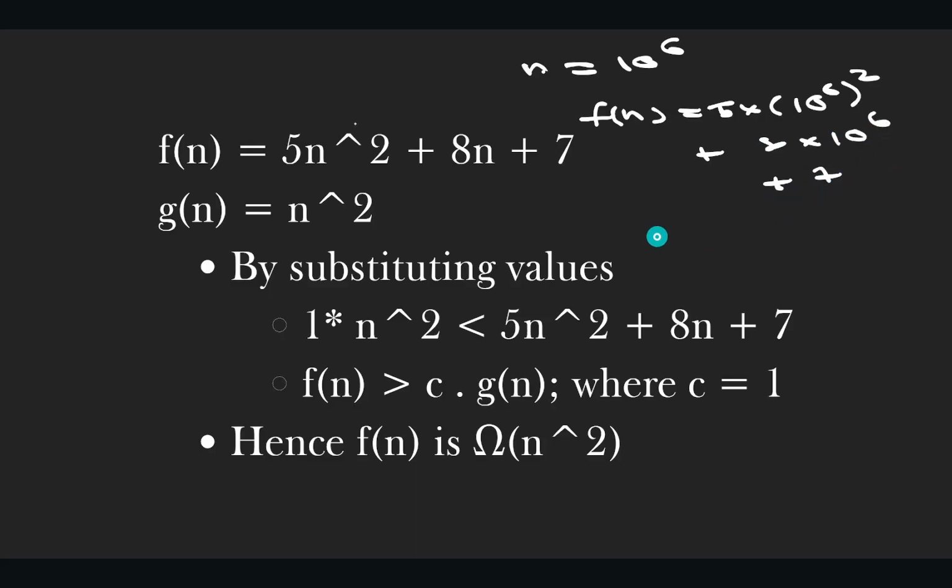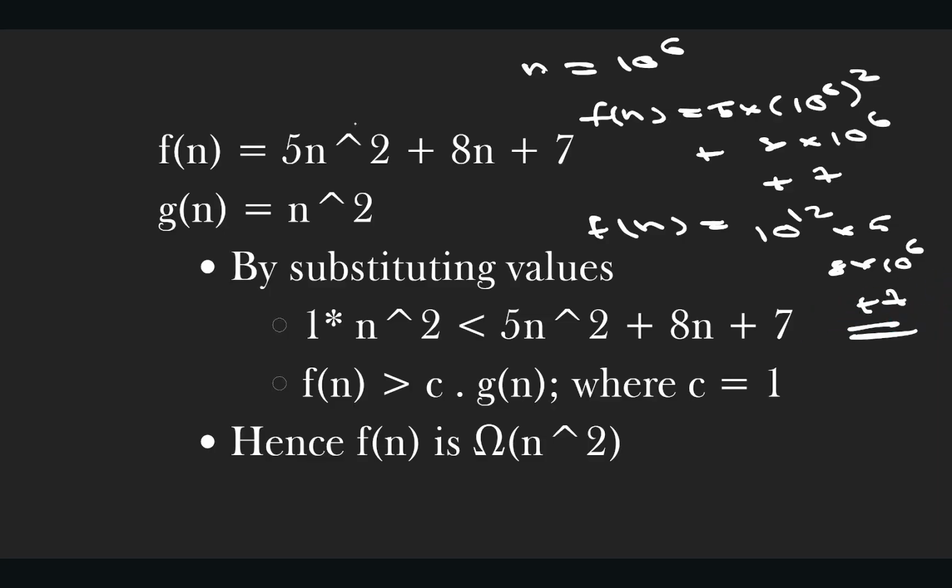As you can see, Fn is vastly influenced by this dominant term. So it's 10 to the power of 12 times 5, then you have 8 times 10 to the power of 6, and then 7. The value of 7 you can ignore completely because it doesn't contribute at all.